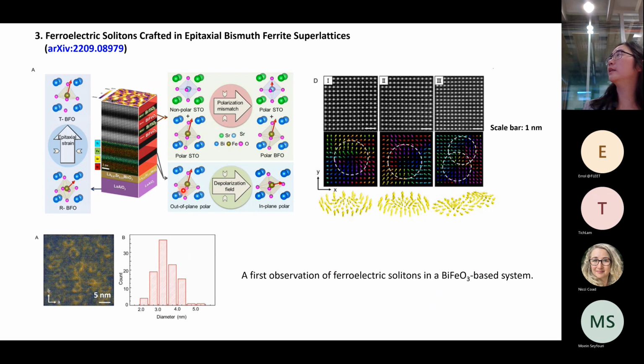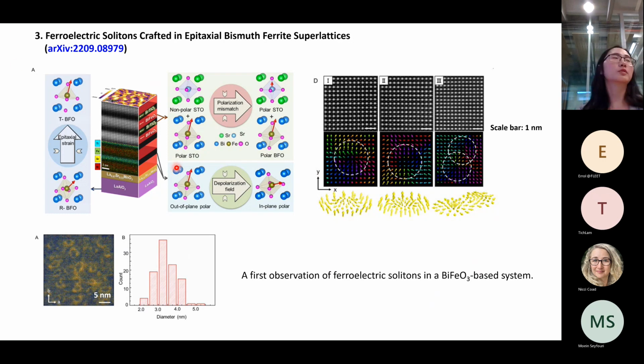This one is still in submission, and it is also very exciting work, where we find this kind of solitons in the BFO/STO superlattice. So this is lead-free, which could be more environmentally friendly.